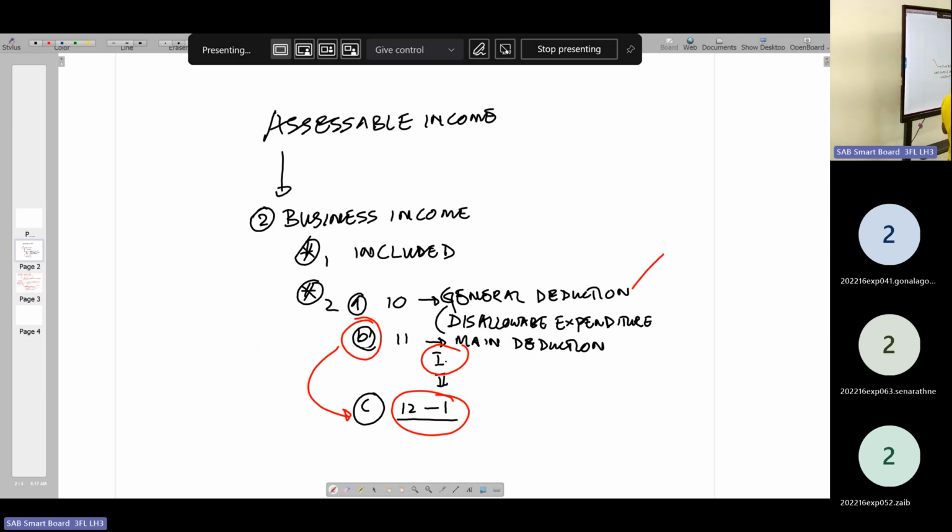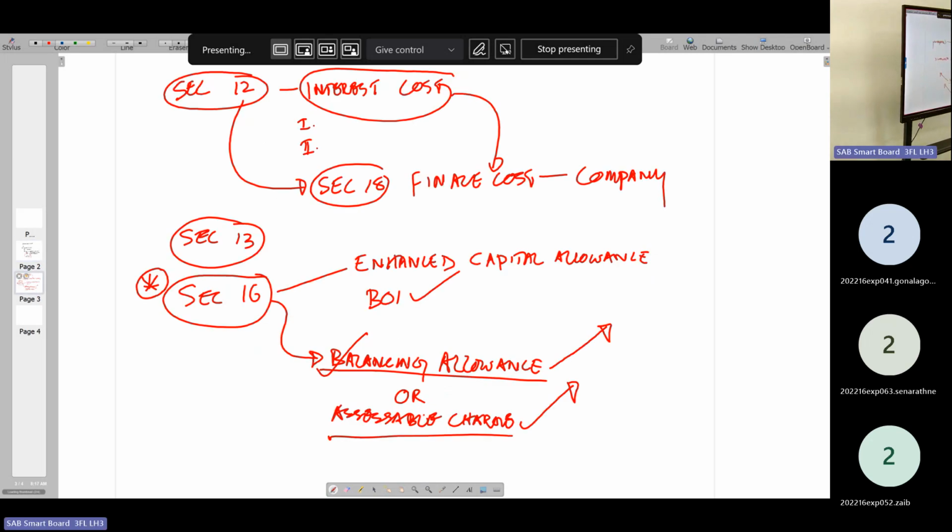As well, the profit or loss recognized in the financial statement as per financial accounting terminology is also not considered. And we have to work out balancing and assessment charges. Accordingly, we have to do the adjustment. That is section 16.